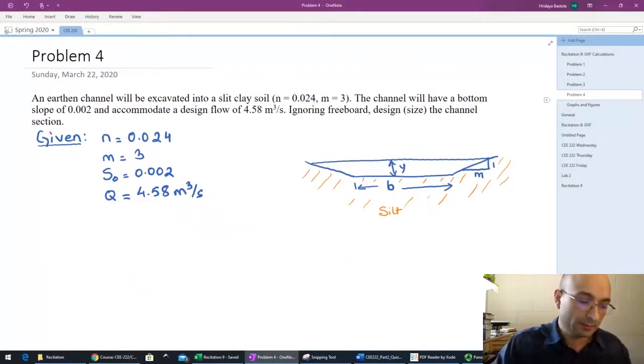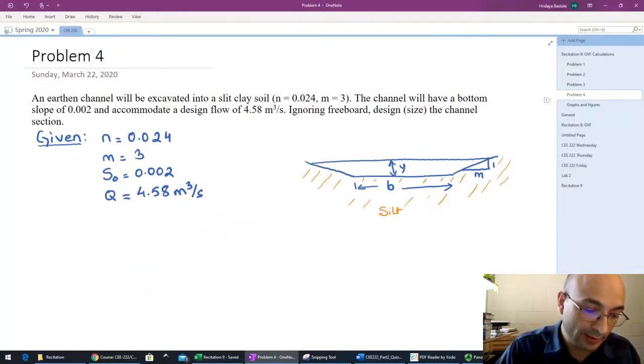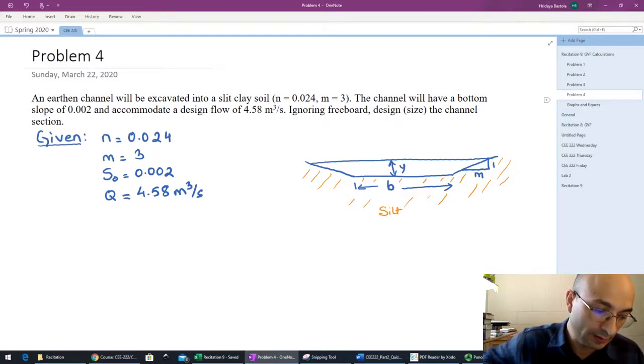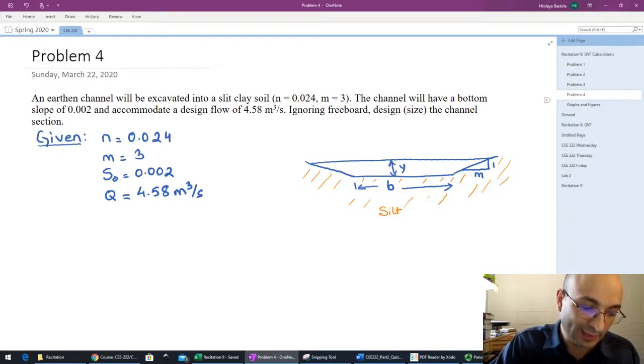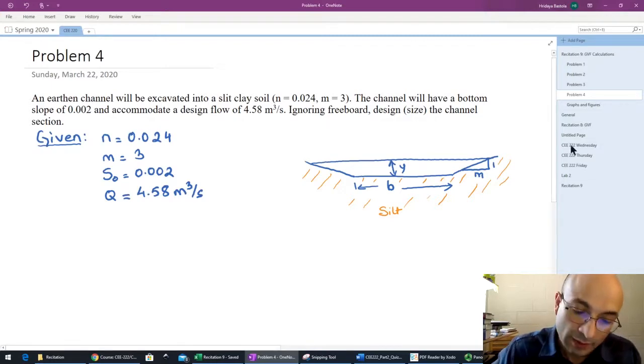In the next problem, we're looking at the unlined channel. The material of the ground where the excavation is done to form the channel is silt clay soil. Depending on the material, there is a maximum velocity that the material can hold before erosion starts taking place.